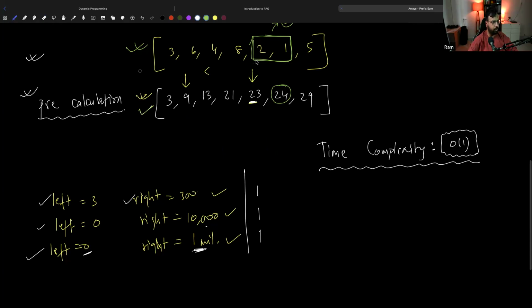Okay, if we want to find this range, then left is this and right is this number. So we have to take right, and we need to subtract this part, which is left minus 1. So left minus 1 we have to take.